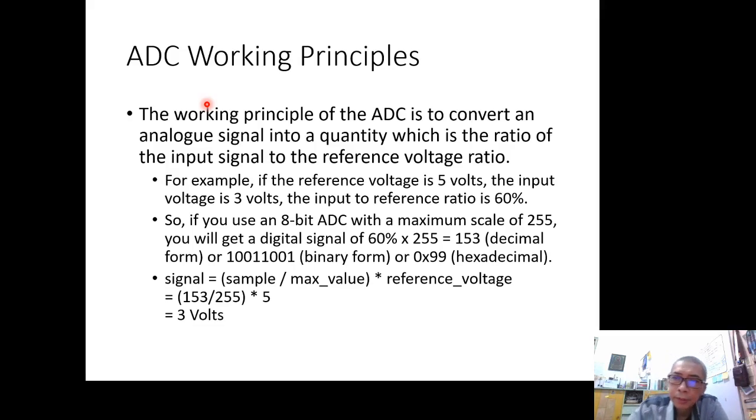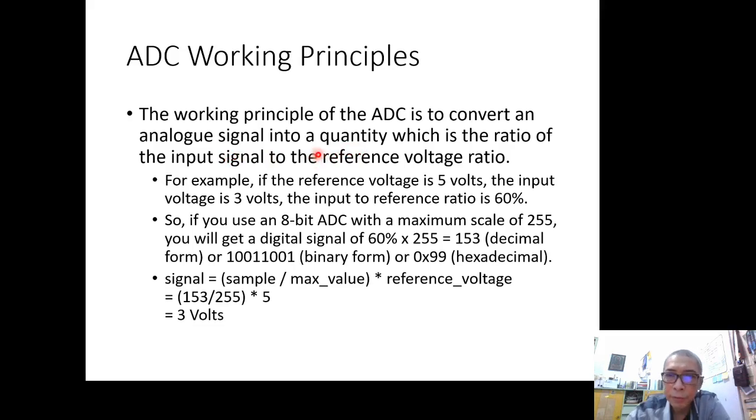Because of this principle, in our circuit, according to the ADC features, you need to give a reference voltage in your microcontroller, so the microcontroller can convert the analog signal into a quantity which is the ratio of the input signal to the reference voltage.